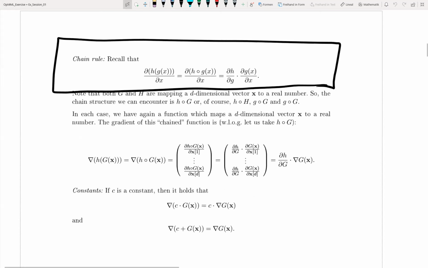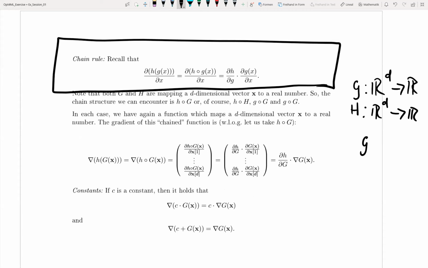And now, in the multivariate case, we have, let's say, a problem in some sense, or not really, in fact. So, what we had was g and h, both were mappings from a d-dimensional vector to R. So, composing them is, of course, not really well defined.